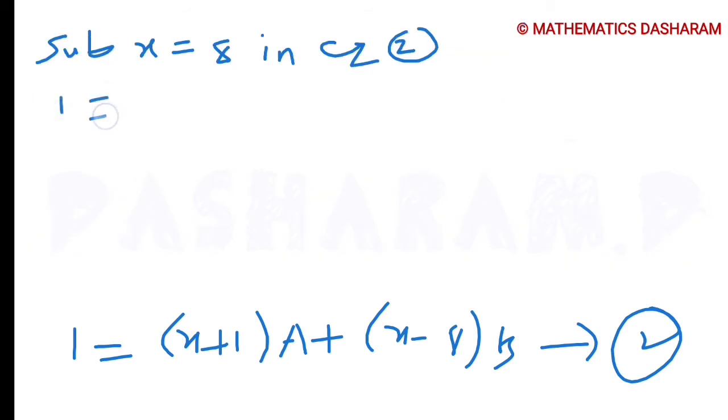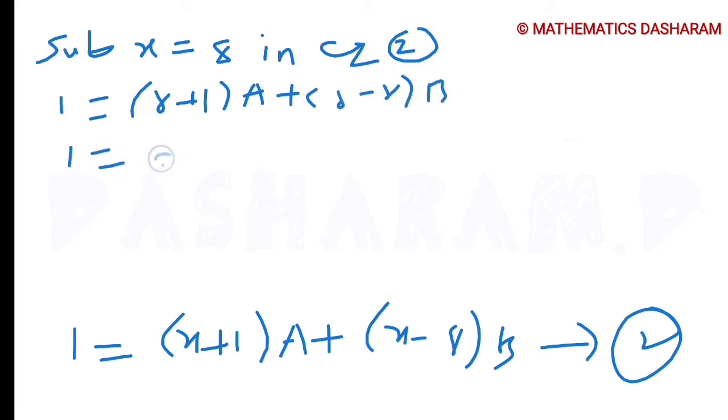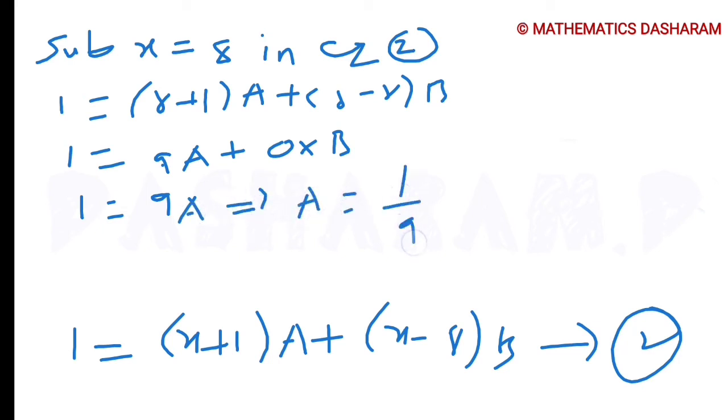So here x equals 8, substitute in equation 2. So 8 plus 1 into a plus 8 minus 8 into b. So 1 equals 8 plus 1 is 9a and 8 minus 8 is 0 into b. So 1 equals 9a. Then what is the a value? A equals 1 by 9.